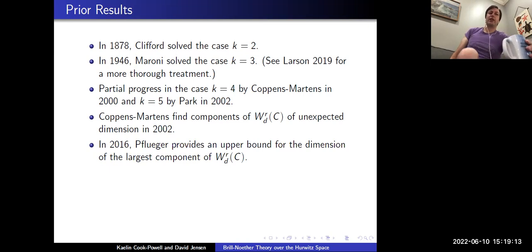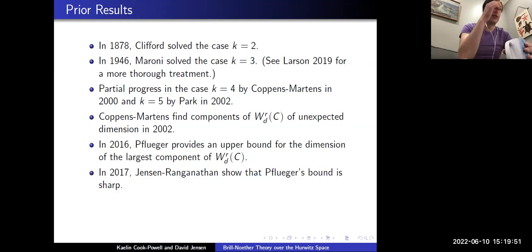I first got interested in this question after Nathan Pflueger published a paper in 2016 on using tropical methods to look at problems like this. So he provided an upper bound for the dimension of the largest component of W^r_d in this setting, when C is a general degree k cover of P1.